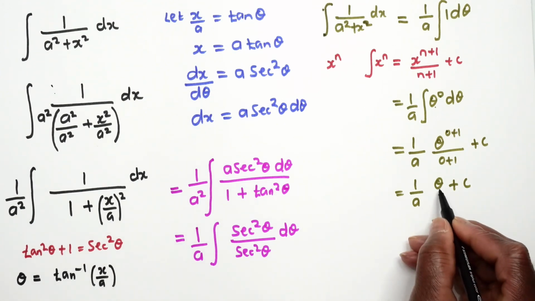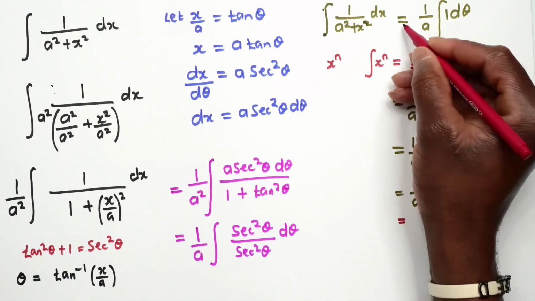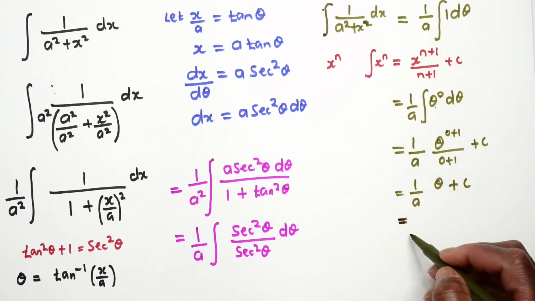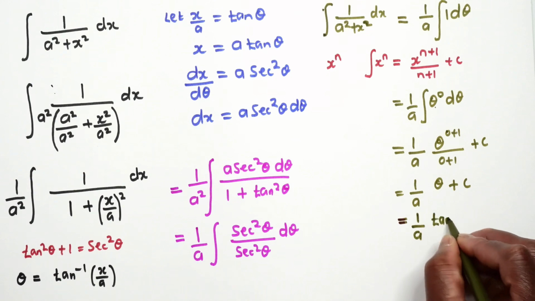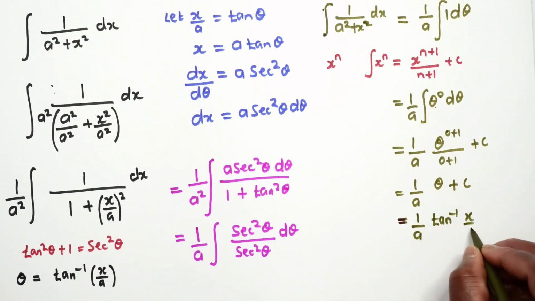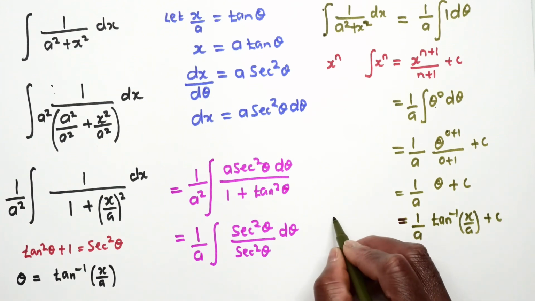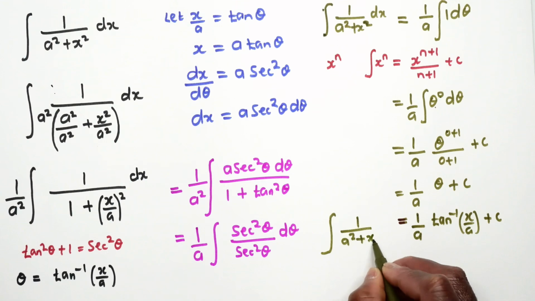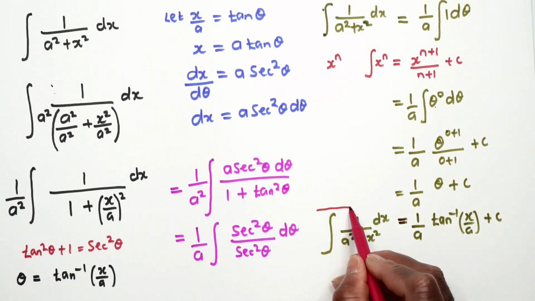I replace theta with that, so the integration is now equal to 1 over a tan to the power minus 1 of x over a, plus c. So that's the integral of 1 over a squared plus x squared dx, and that is the final result.